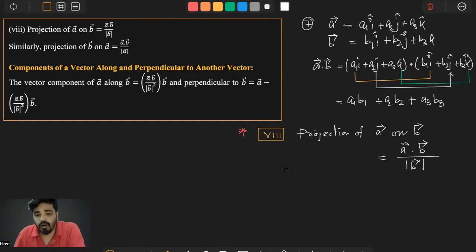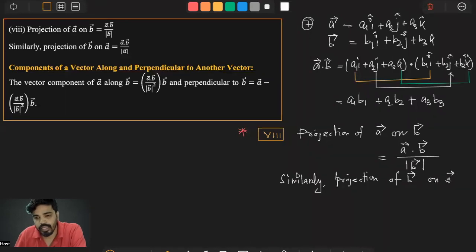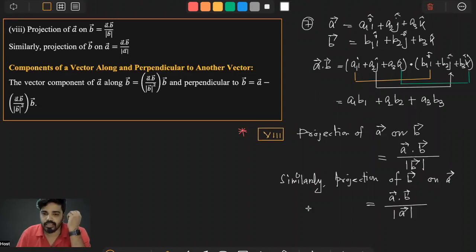Similarly, we conclude that projection of b on a is a dot b, see a dot b and b dot a are the same, right? Because dot product is commutative, right? Divided by modulus a. Here we are also showing how to take the modulus.